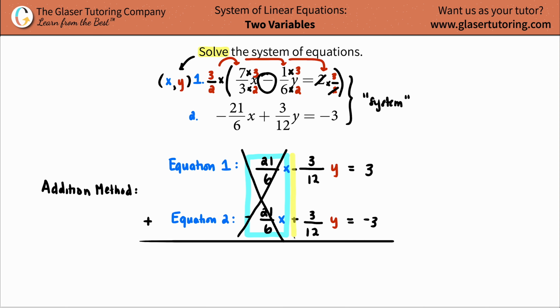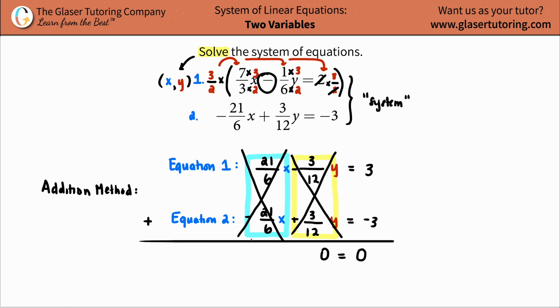And I'm going to get rid of my y values because, negative 3 over 2 plus a positive 3 over 2. Oopsie, that goes bye-bye as well. I lost both variables. So we got 0, big fat 0, equals 3 plus a negative 3. That's a big fat 0 as well.